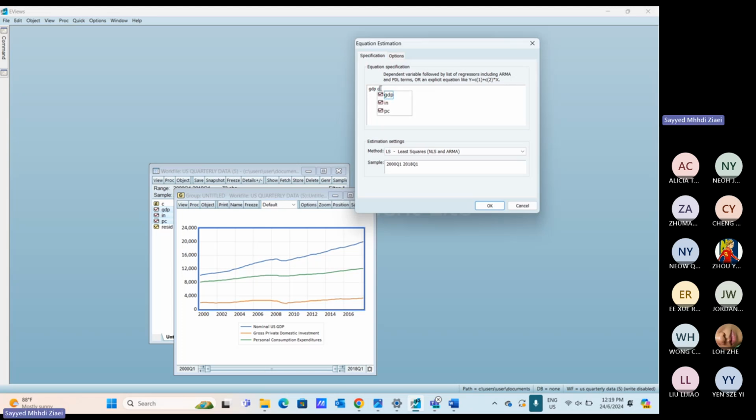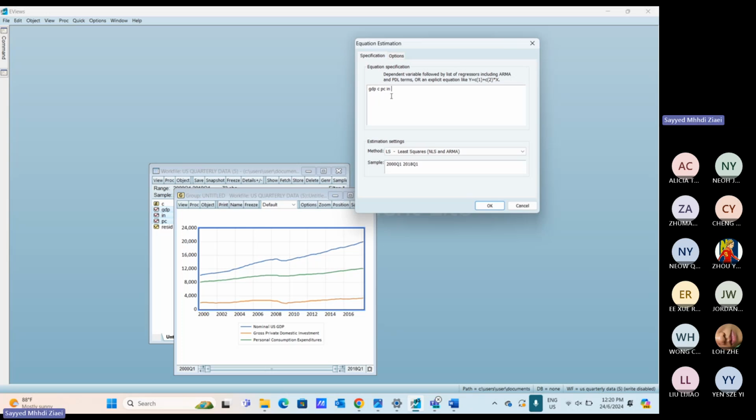Don't assign the name C for private consumption, because by default the software defines C as always being the intercept. So don't put C for private consumption. So GDP C, private consumption and investment. I have two independent variables.